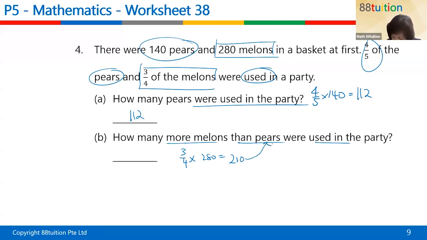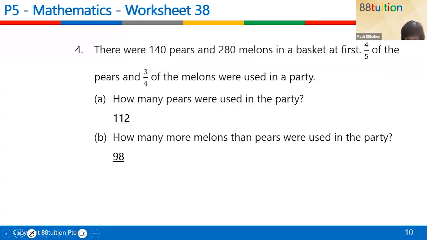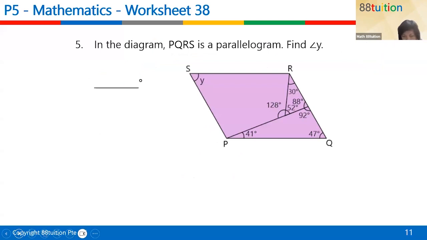And this is meant for pears. The pear is 112, so I just need to minus from here. Then 210 minus 112 will give me 98. Okay, so 98. All these are quite easy and quick. So you shouldn't be spending too much time on this.